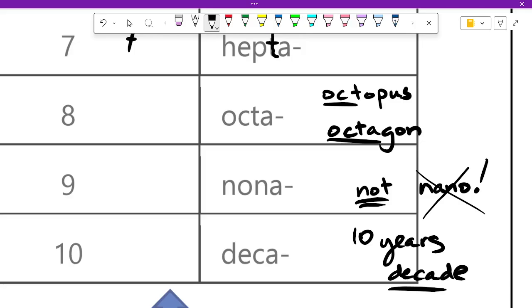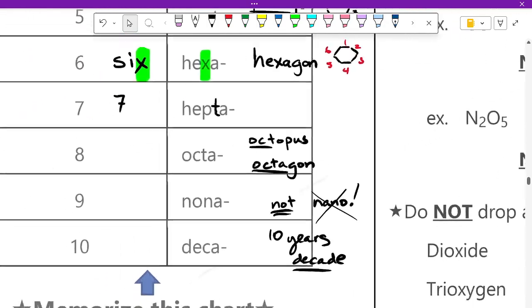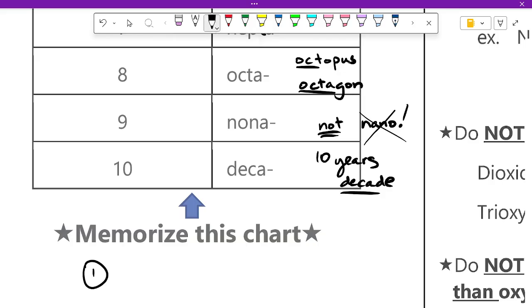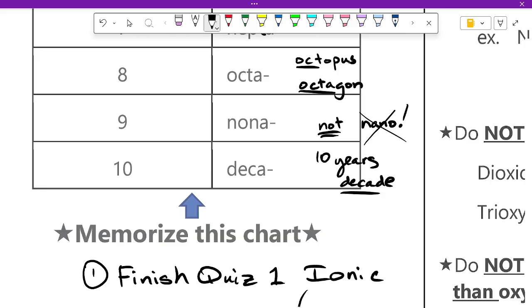So today, your goal, if you have not already completed it, is to complete quiz 1. And remember, those are ionic. No prefixes.